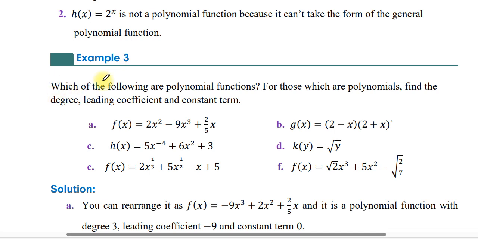ሌላ ምሳሌ 3ን እንይ እስኪ። which of the following are polynomial functions?